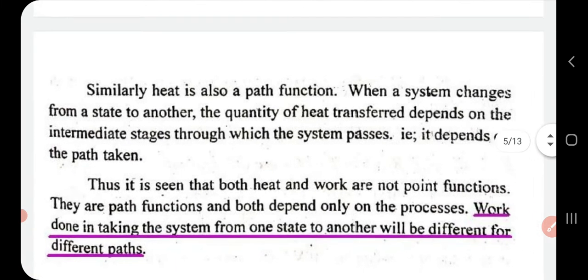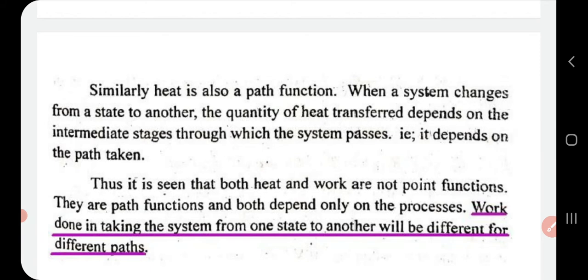When a system changes from one state to another, the amount of heat transferred will also depend upon the path taken. So both heat and work are not point functions, that is, they are path functions and both depend only on the process.